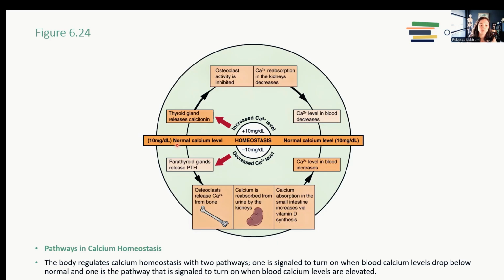If we have too little, parathyroid hormone is going to be released from the parathyroid gland. That is going to stimulate osteoclastic activity inside the bone, which is going to release calcium into the blood, which we need because remember, we just had a loss of calcium.